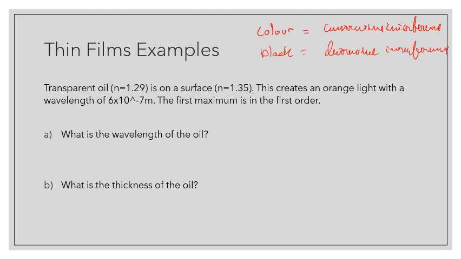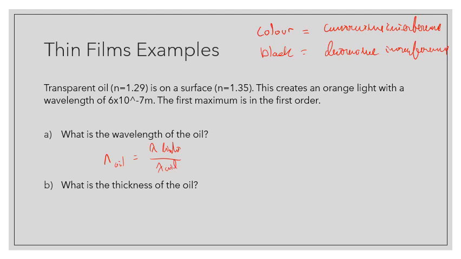So we have transparent oil with an index of refraction of 1.29, which is on a surface with an index of refraction of 1.35. So this creates an orange light with a wavelength of 6 × 10⁻⁷ meters. The first maximum is in the first order. So first, what's the wavelength of the oil? So we recall the equation I showed you on the last slide. So N of oil is equal to lambda of light over lambda of oil.